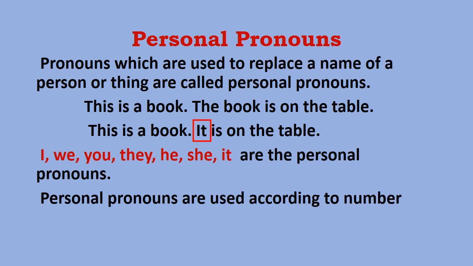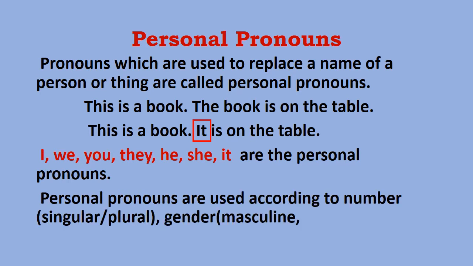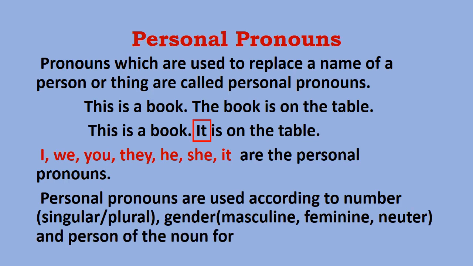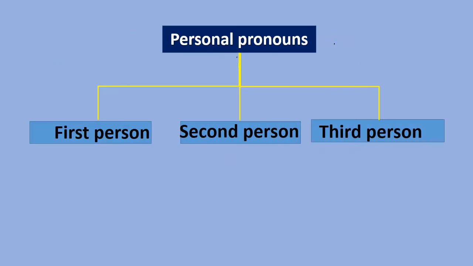Personal pronouns are used according to number, that is singular or plural, gender, that is masculine, feminine or neuter gender, and person of the noun for which it stands. It even changes its form according to the case. We see about the personal pronouns changing as per the person.